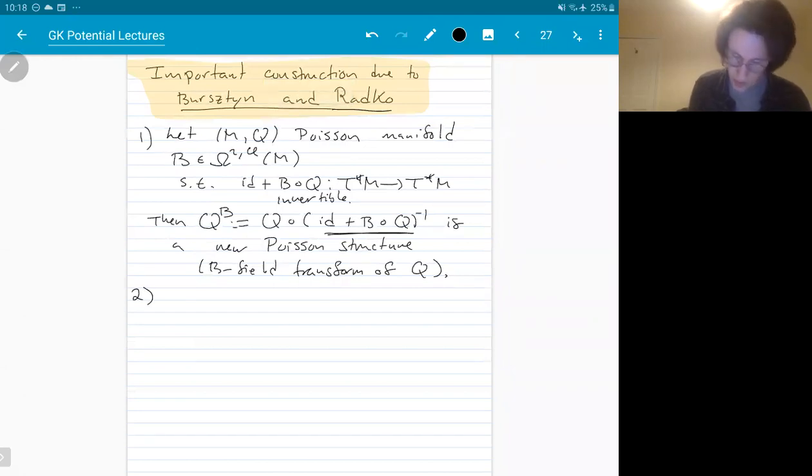The construction due to Burson and Radko shows that actually Q and Q_B are Morita equivalent. Here's how it goes.